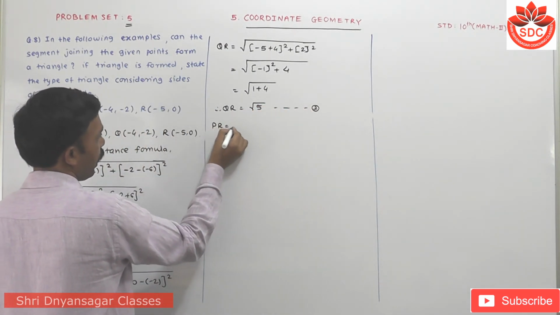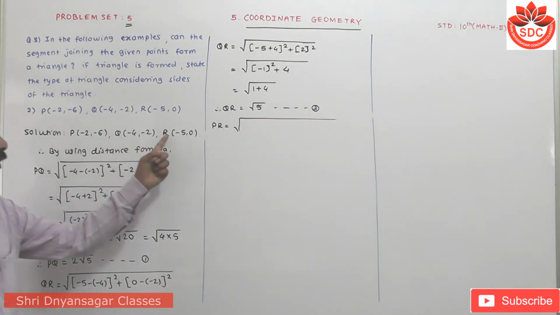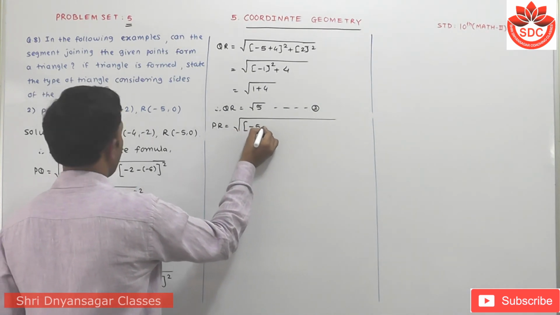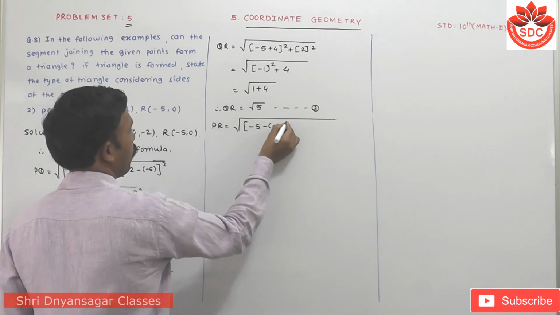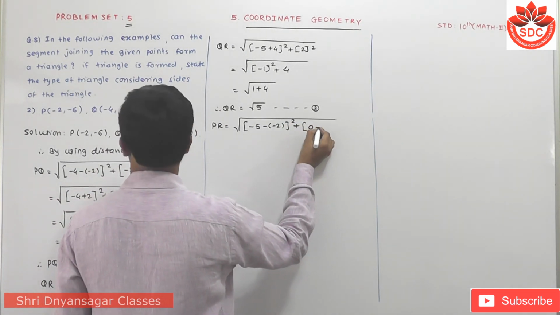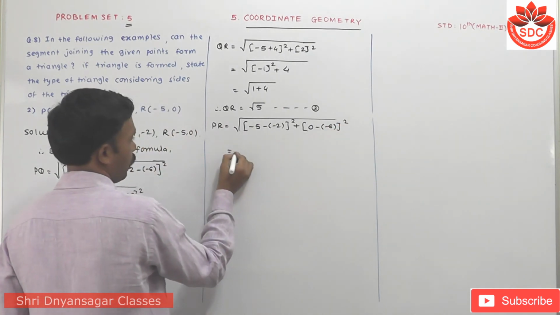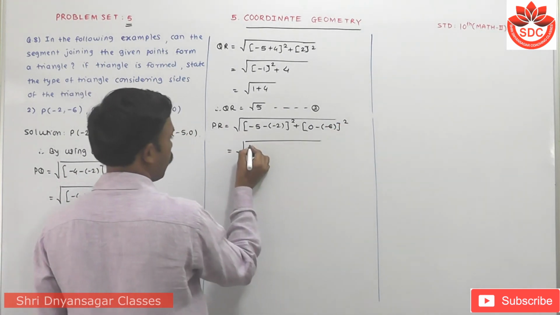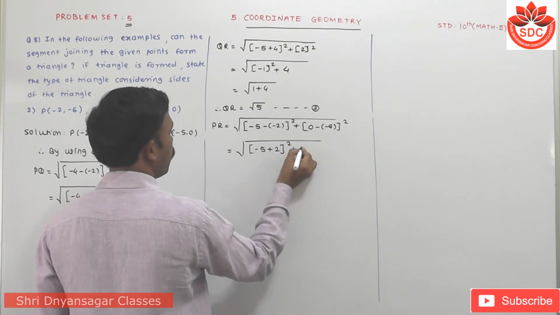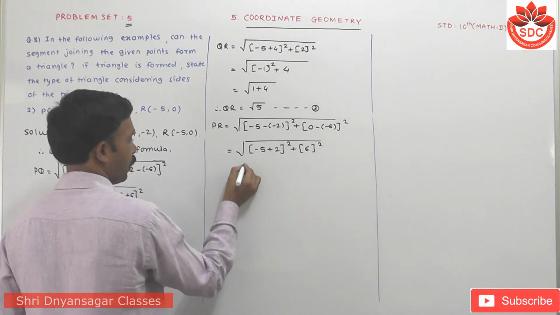Then we have to find out PR by using the distance formula again. Here P is x1, y1, R is x2, y2. Then x2 minus x1 squared plus y2, which is 0 minus 6, squared. Then this value becomes (-5 plus 2) squared plus (0 plus 6) squared.